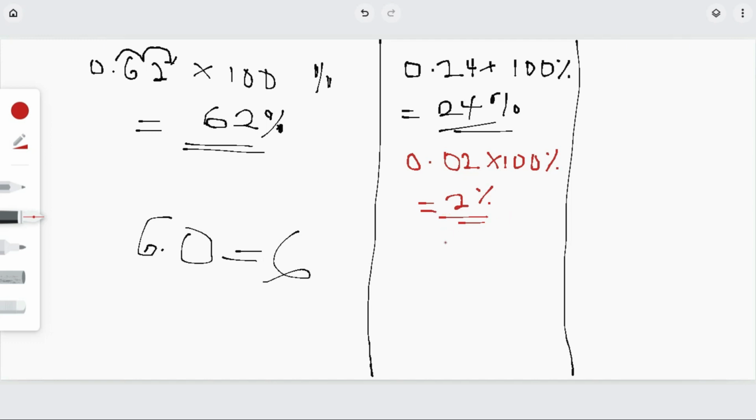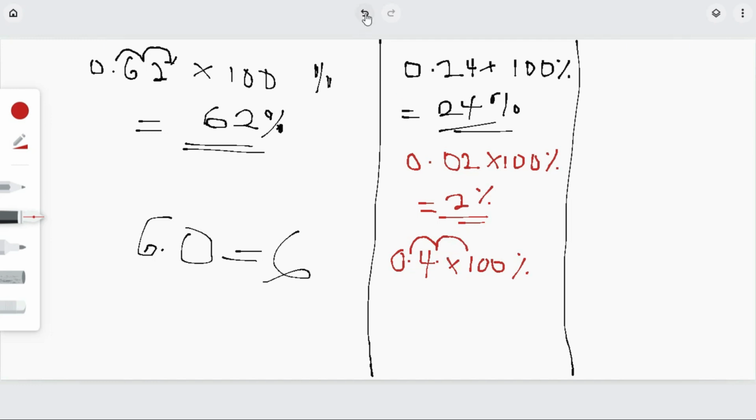And the third one is 0.4, you understand. If you are changing 0.4 to percentage, you just multiply it by 100 as usual and add the percentage sign. So we are going to shift the decimal point. Pay attention to this one. We shift the decimal point one time here, and the second time here. That means there is a 0 here.